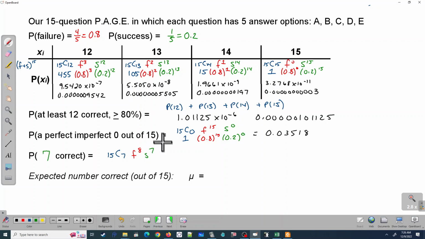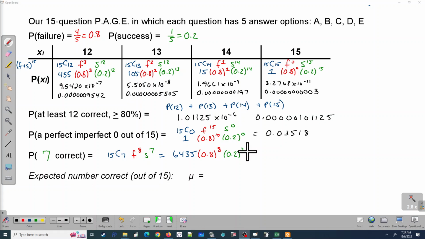Now, if I go down here and look at my calculator, I see that 15C7 is the same as having 6,435 different ways of writing out 7 correct and 8 wrong. I don't plan on doing that, but I will take that number and multiply it by 0.8, which will have occurred 8 times, so raise that to the 8th power. And then I take success, which is 0.2, and realize it gets raised to the 7th power.